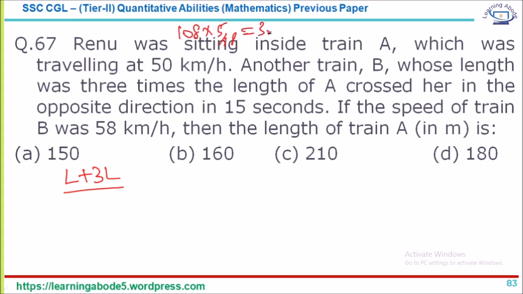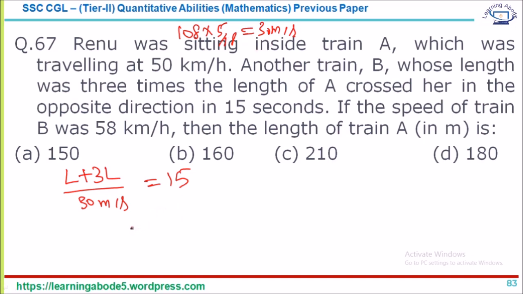That's like 30 meter per second is the speed, and it took 15 seconds. Opposite direction, so you are adding the speeds. So 50 plus 58 is 108, and that 108 you are converting in terms of meter per second, that's 30 meter per second.